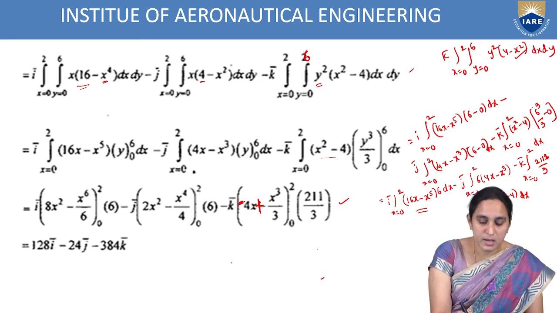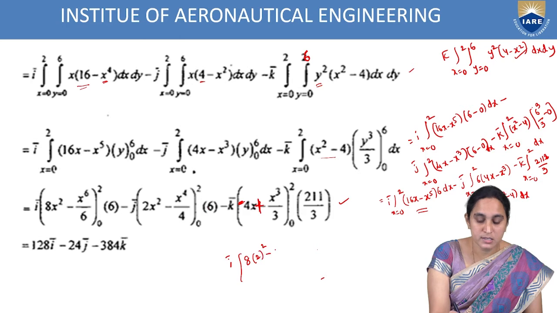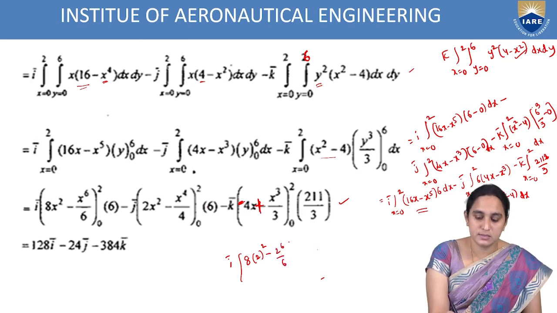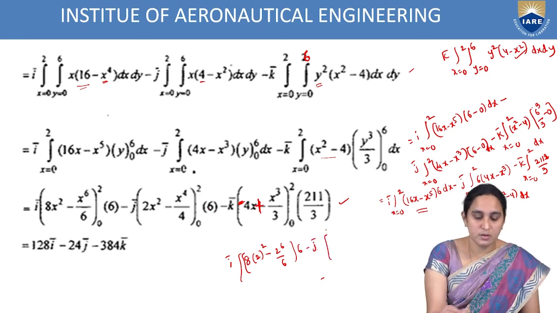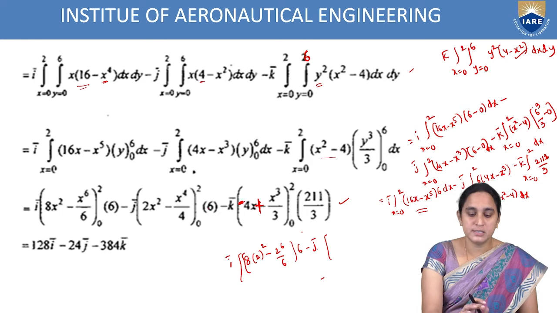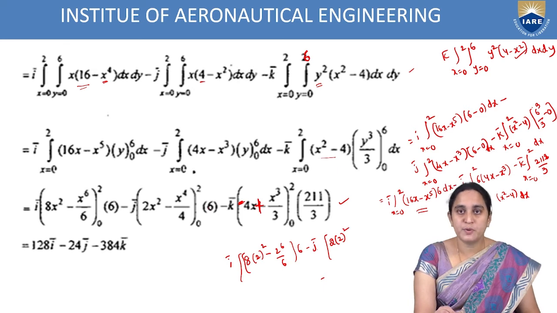That is i bar into 8 into 2 square minus 2 power 6 by 6 into 6, minus j bar into, if you are substituting the lower point, that is completely 0, then 2 into here j bar coefficient 2x square minus x power 4 by 4.